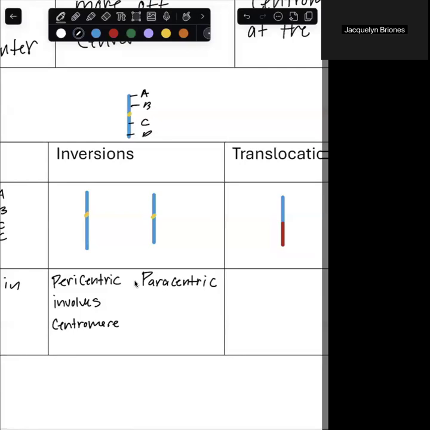So it would be like A, and then you would have C and B flipped, and then you'd have D. But this involves a centromere, so it would be a pericentric inversion.